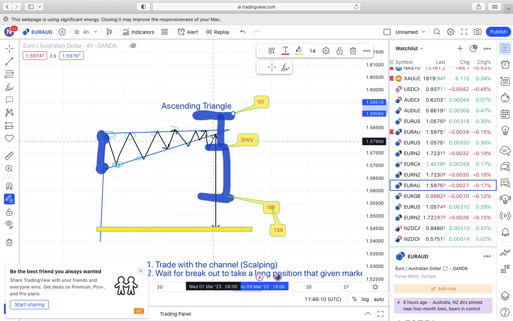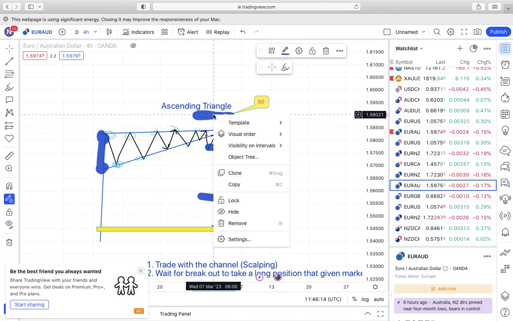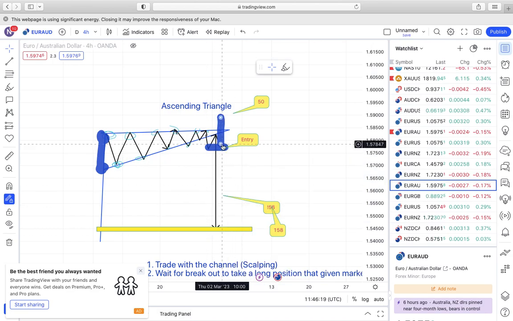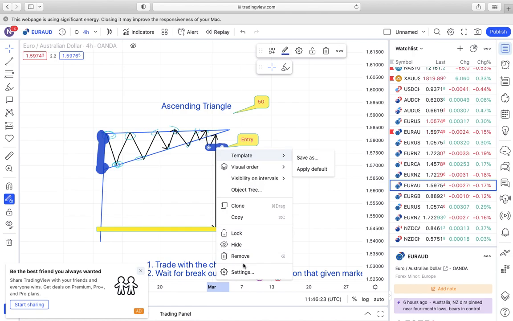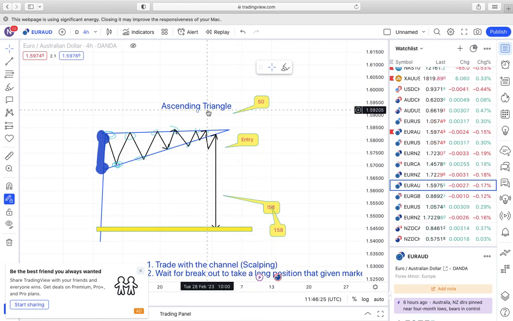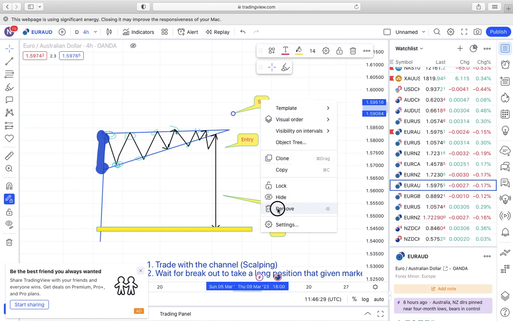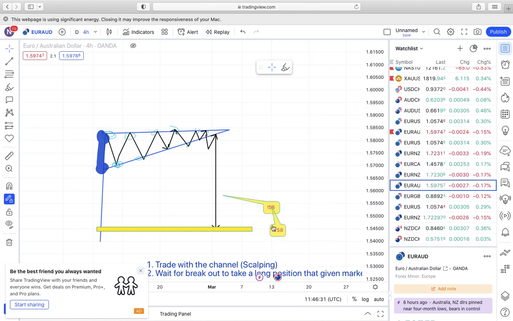That one is when the market breaks below. Now, let us look at the scenario where the market breaks above, because the market can either break below or break above.